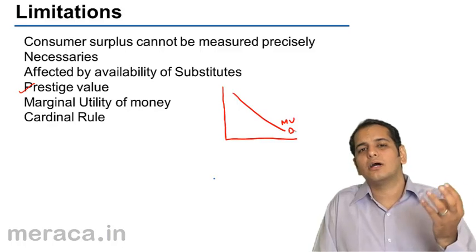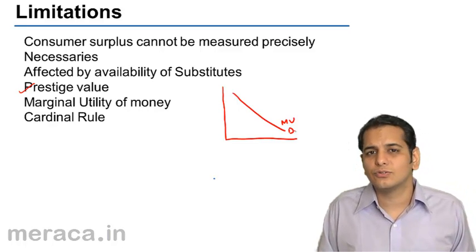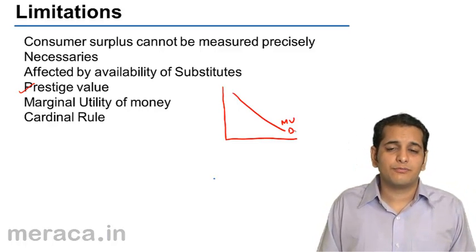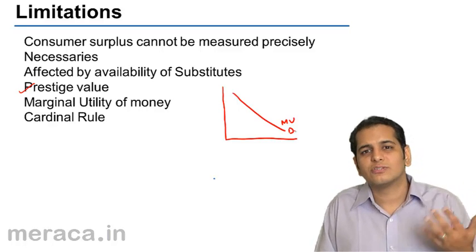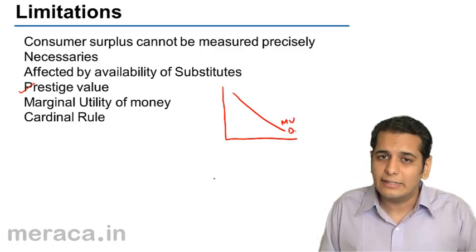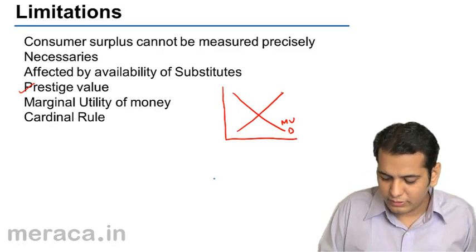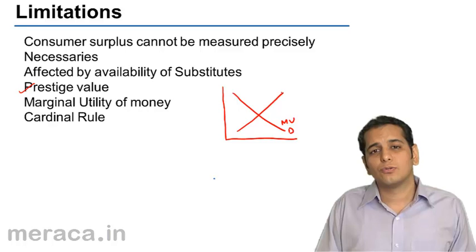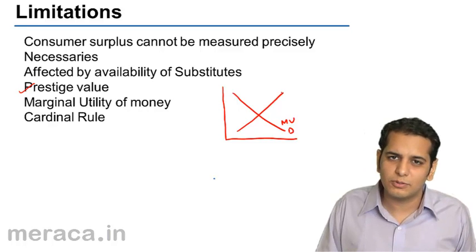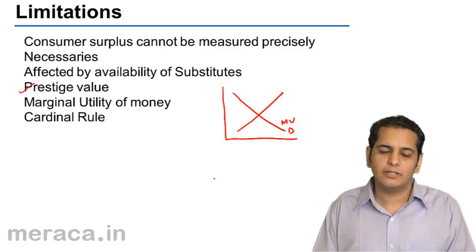But this does not apply to prestigious goods, superior goods. When you purchase superior goods, your satisfaction level goes on increasing, and in that case the MU curve is upward sloping. So consumer surplus in that case cannot be calculated.